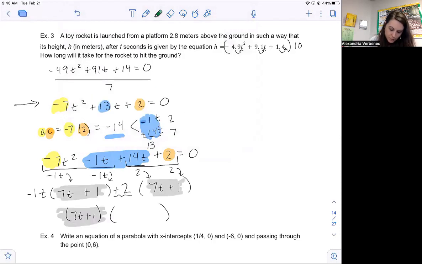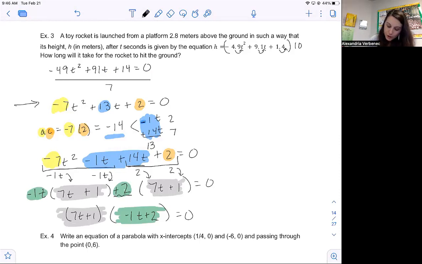I'm going to smush them. Negative 1t plus 2 still equals 0. Should have equaled 0 up here too. Okay, this is the factored form if I'm asked to factor, but not my answer. I need to solve. So I need to keep going.